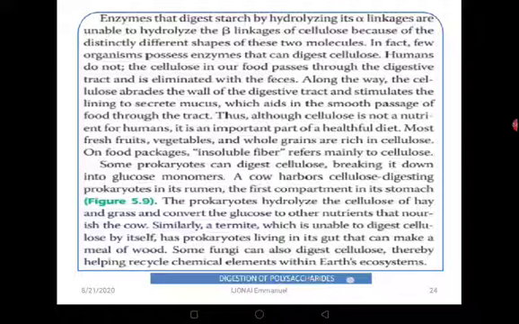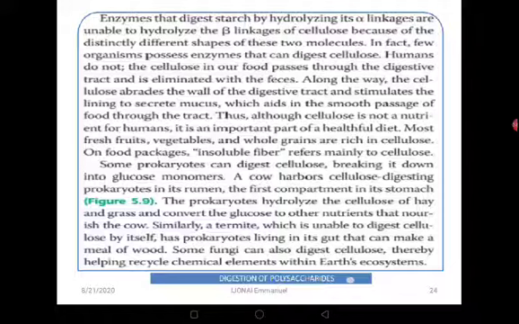So therefore, we should always eat them. They call them fibers. On food packages, insoluble fiber refers mainly to cellulose. Some prokaryotes can digest cellulose, breaking it down into glucose monomers. A cow, for example, harbors cellulose digesting prokaryotes in its rumen, the first compartment in its stomach, as we shall see later.